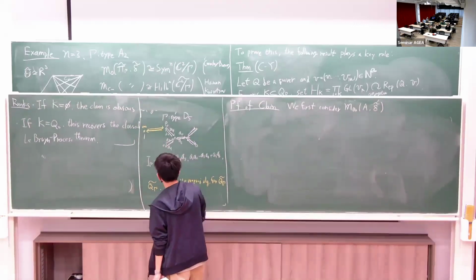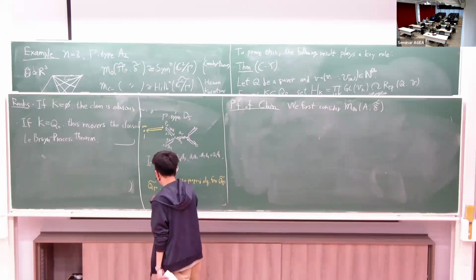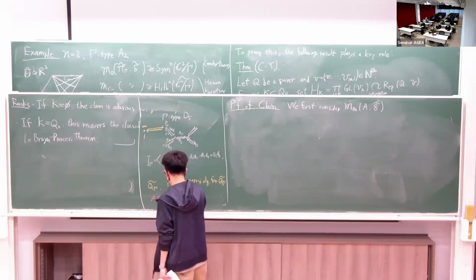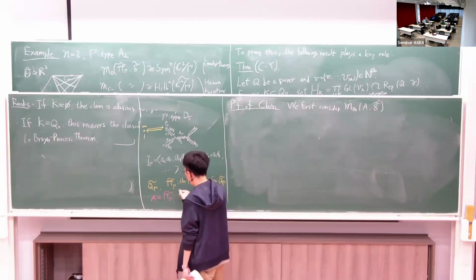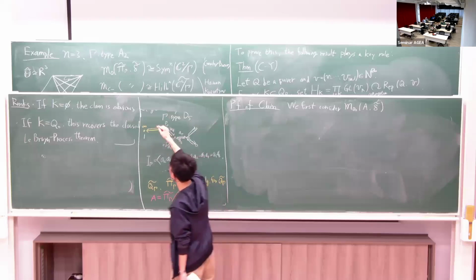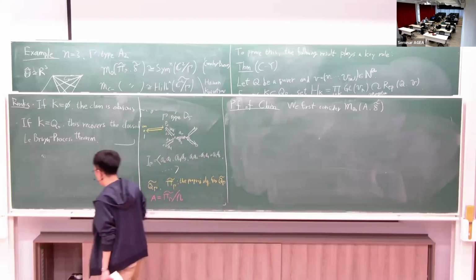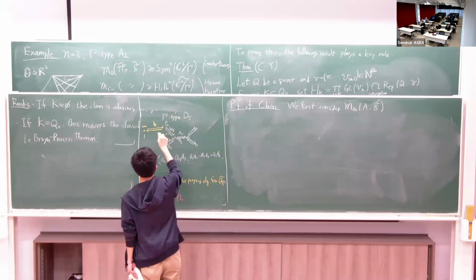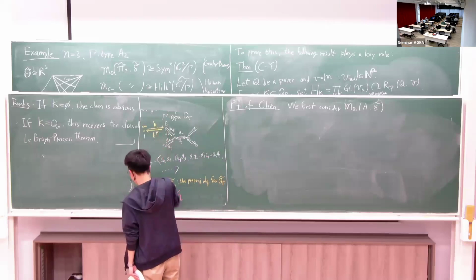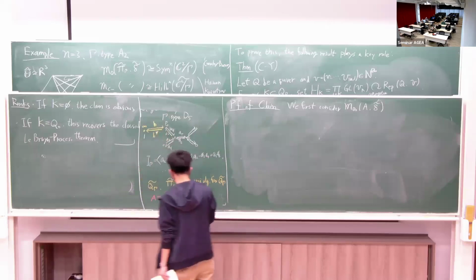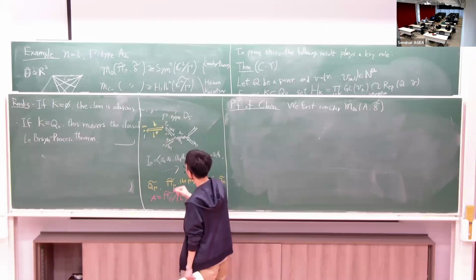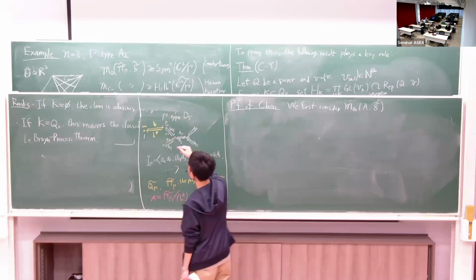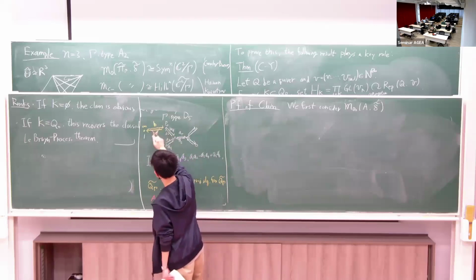Here we define the algebra A as just the quotient of pi gamma tilde modulo the ideal generated by B star. We call these arrows B and B star. So in this algebra, we remove this arrow B star.